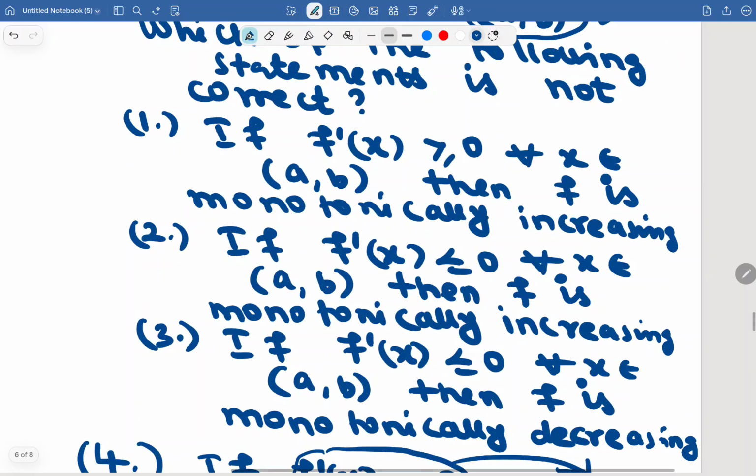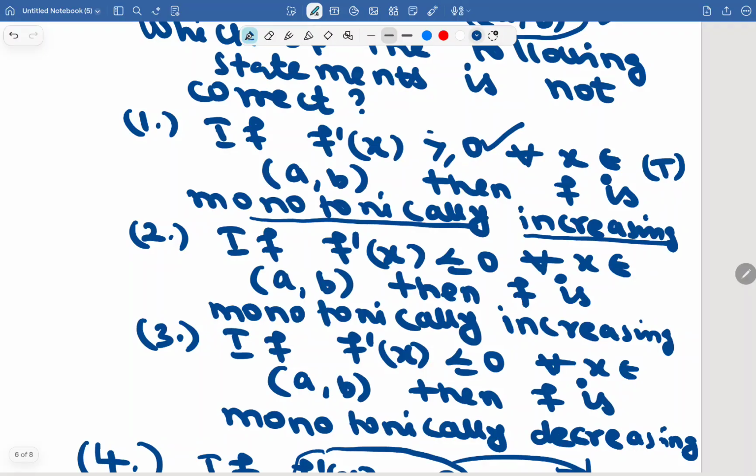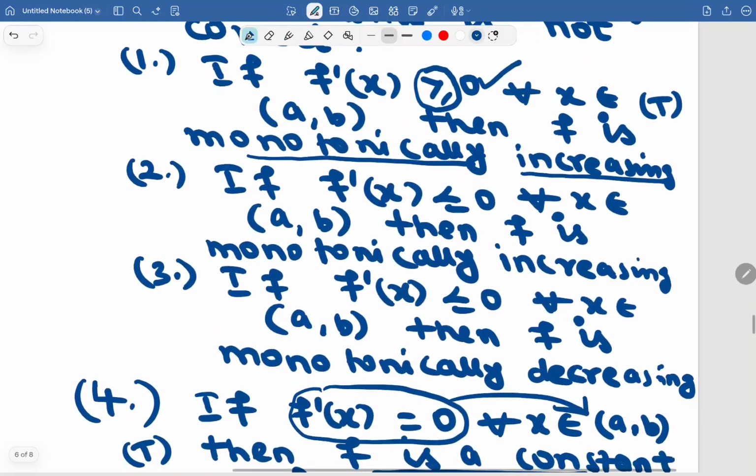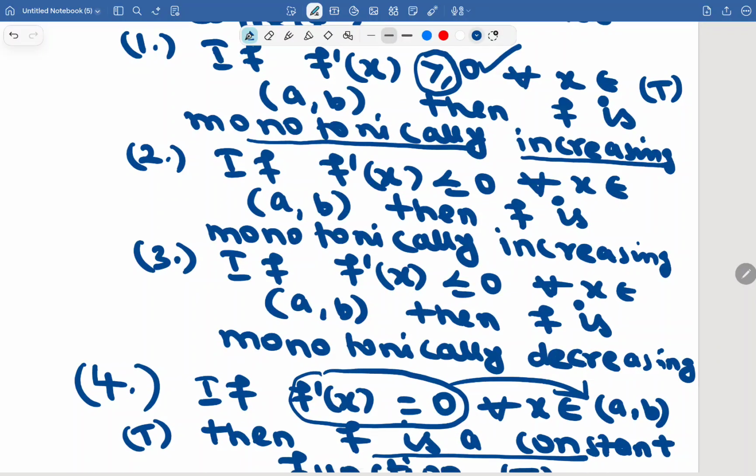In the first option, if the derivative of f is greater than or equal to 0, f is an increasing function, that is monotonically increasing. This is true. In the third option, derivative of f is less than or equal to 0, then f is a decreasing function which is monotonically decreasing.